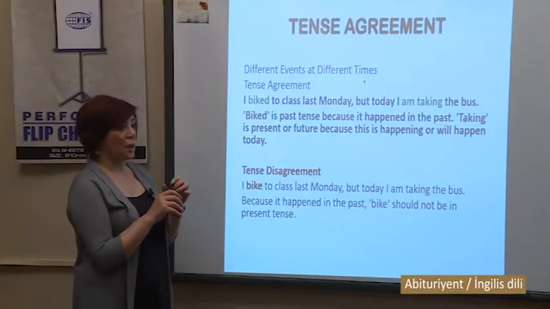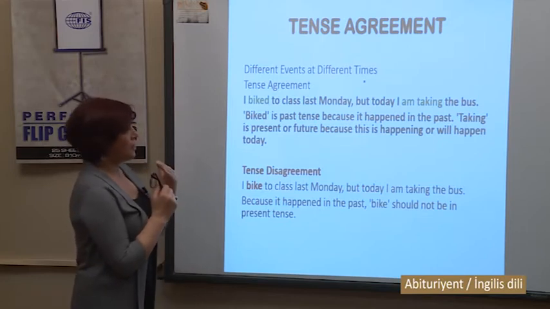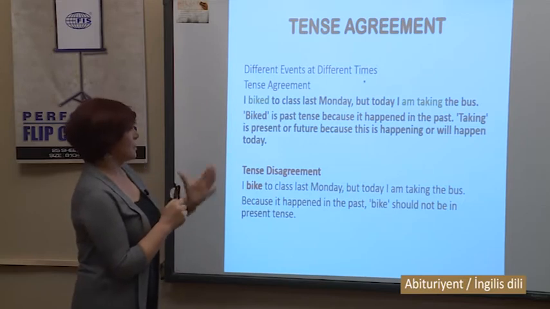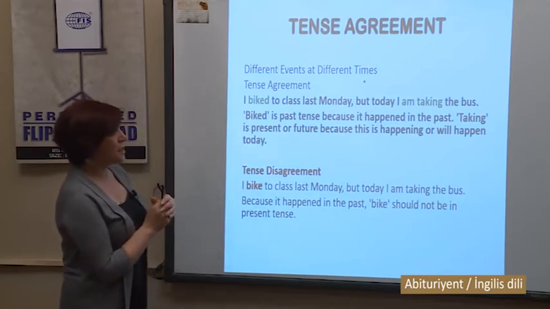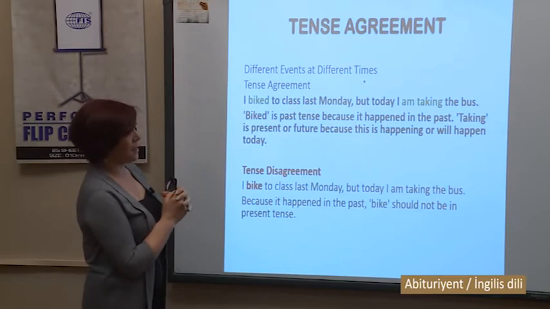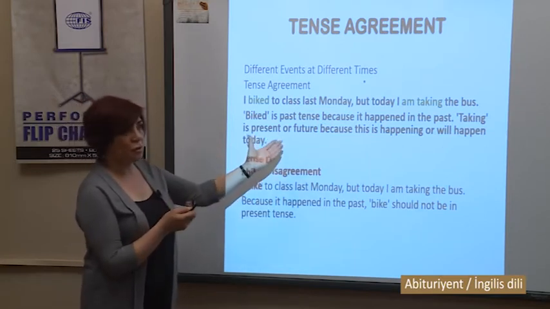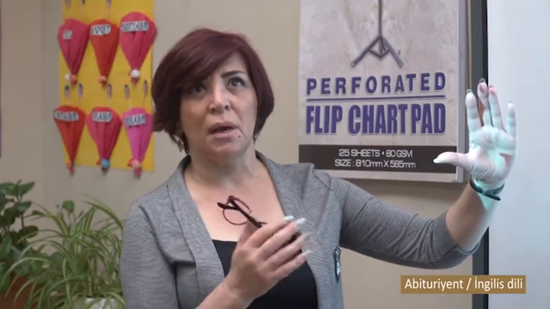It means that today I decided to change my routine, and today I have decided not to bike but to take a bus. You see that biked is the past tense because it happened in the past, as I stated, and taking is present or future. It might be my plan that I have already planned to take a bus, and this is happening or will happen today.